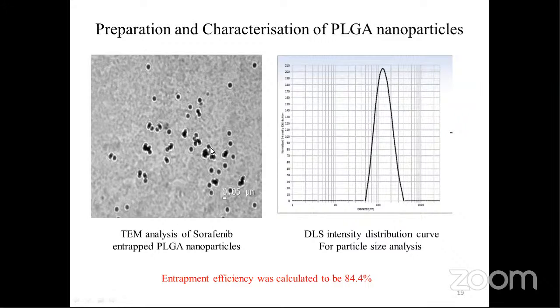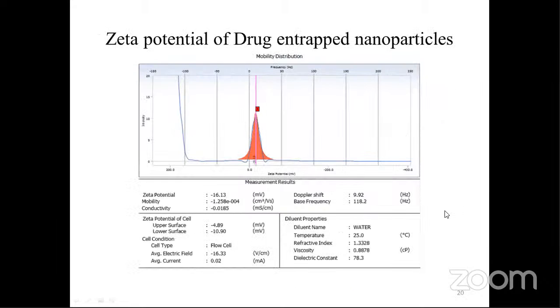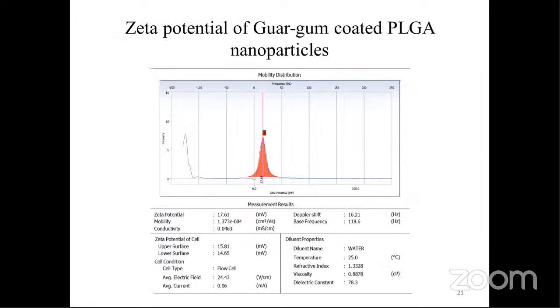This is the TEM image of PLGA nanoparticles, and particle size analysis was done using DLS. Again, zeta potential, that is the surface charge of the PLGA nanoparticles, was measured. And to retain the targeting property of the drug delivery system, I coated guar gum on PLGA nanoparticles.